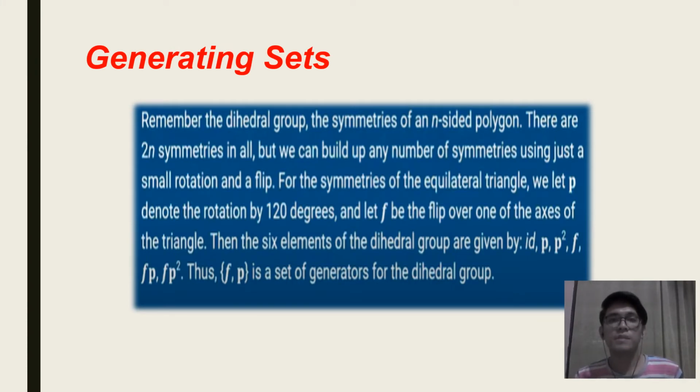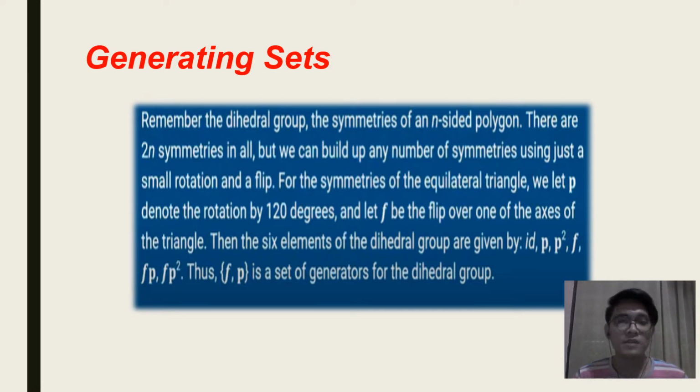Generators are some special elements that we can pick out which can be used to get any other elements in the group. As an example, remember the dihedral group, the symmetries of an n-sided polygon. There are 2n symmetries in all, but we can build up any number of symmetries just using a small rotation and a flip.